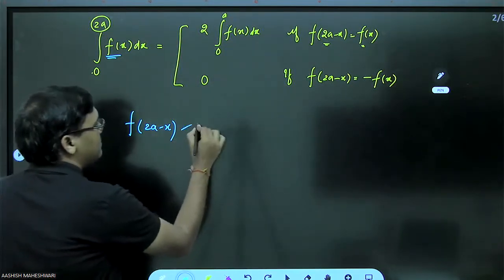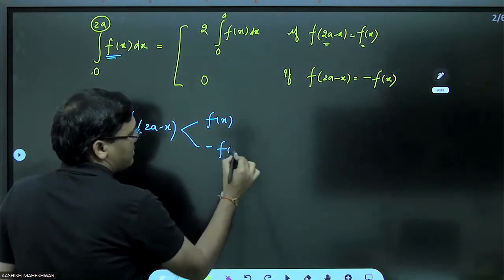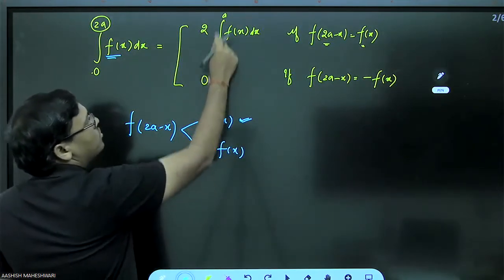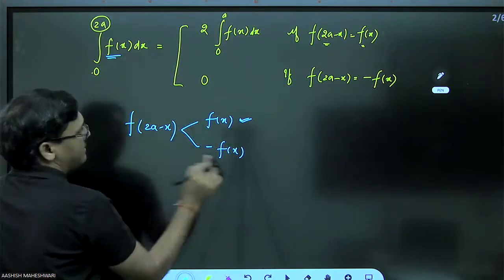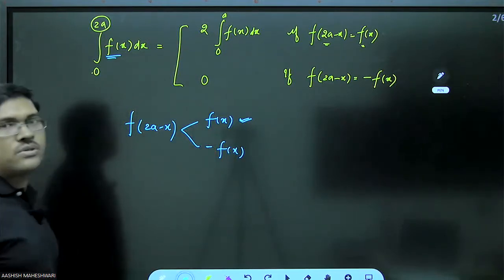If I get f(x), you can say it is double, that is 2 times the integral from 0 to a of f(x) dx. And if I get minus f(x), then the integral will be equal to 0.